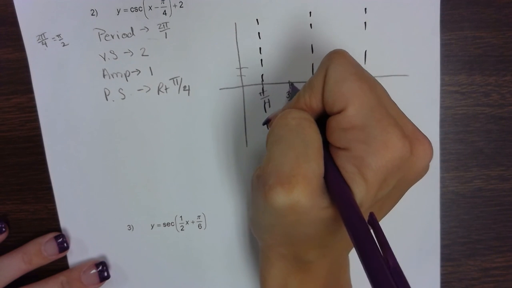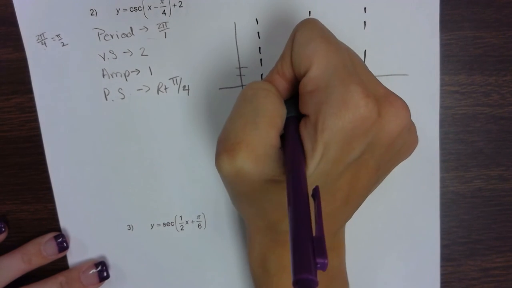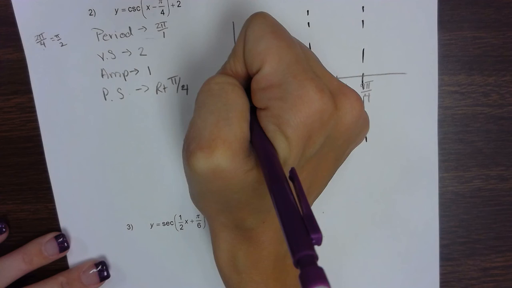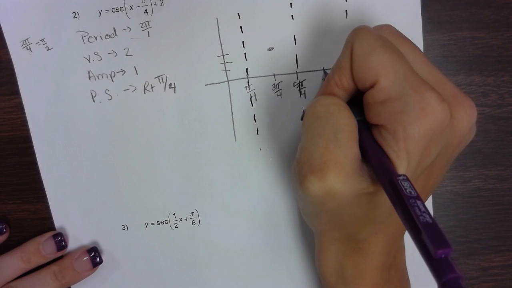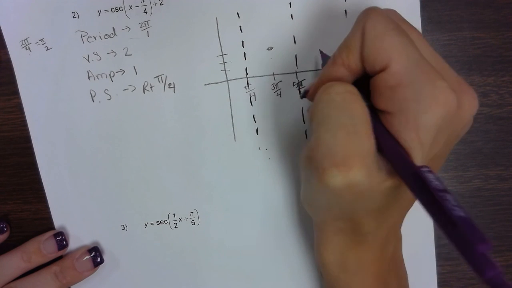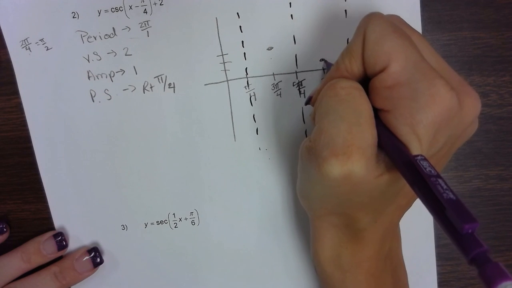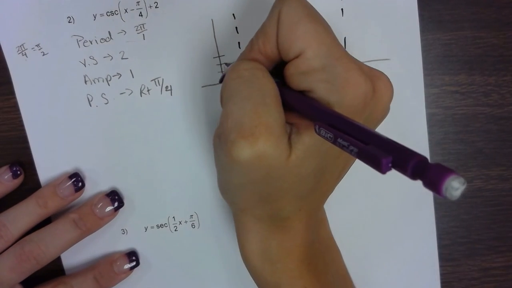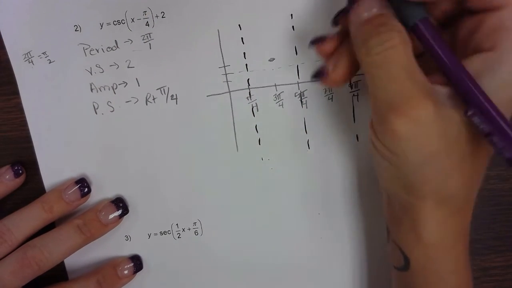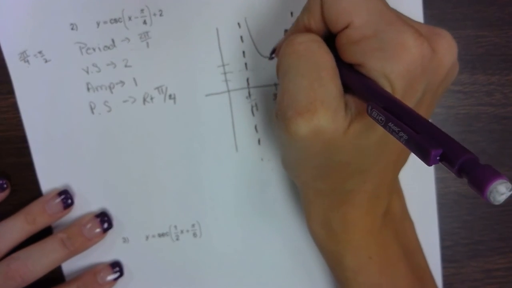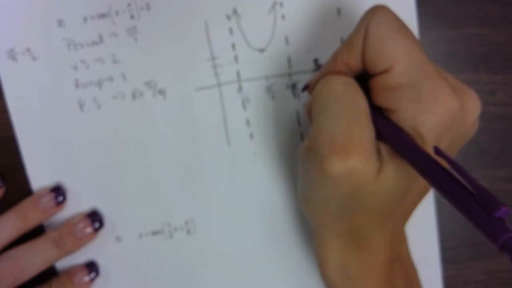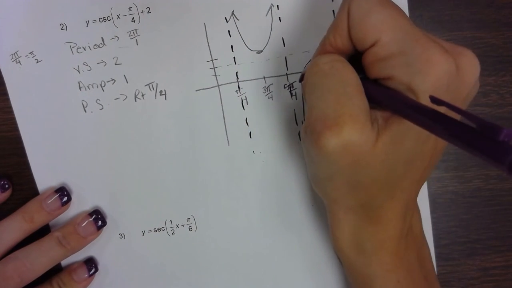So here we would have shifted up 2, and then we have to go up 1 more. Okay, at 7 pi over 4 we would have shifted up 2, but then the amplitude is 1, so we have to go down 1. Okay, think of this as our vertical shift, so 1 up and 1 down from it. So we have our U facing up, and our U facing down.